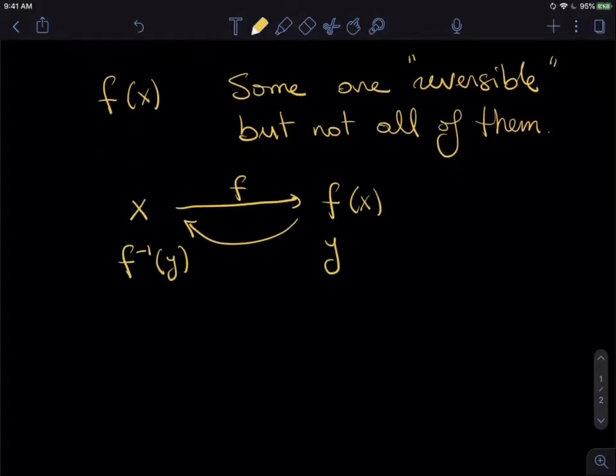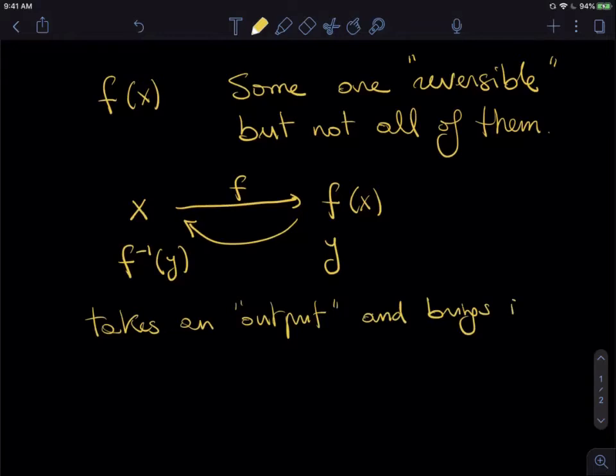So basically it takes an output and brings it back to the original input.